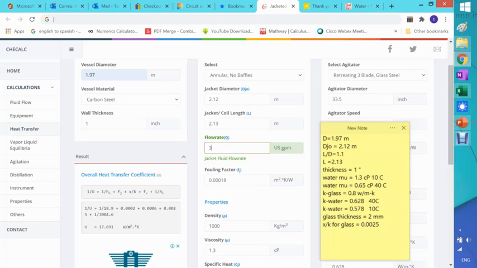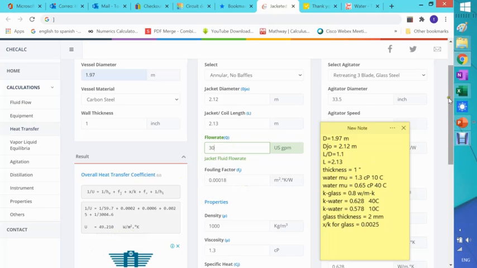Let's see, 30, 49 versus 50, 60. Very little. So it's only about 10 more watts per meter square per Kelvin. But this is the typical flow for our jackets when I used to work at the pharmaceutical plant.